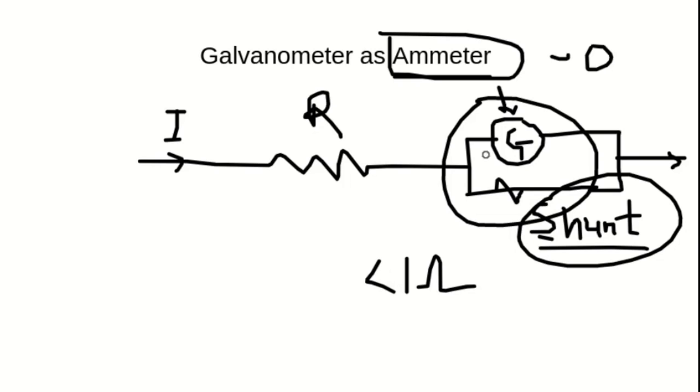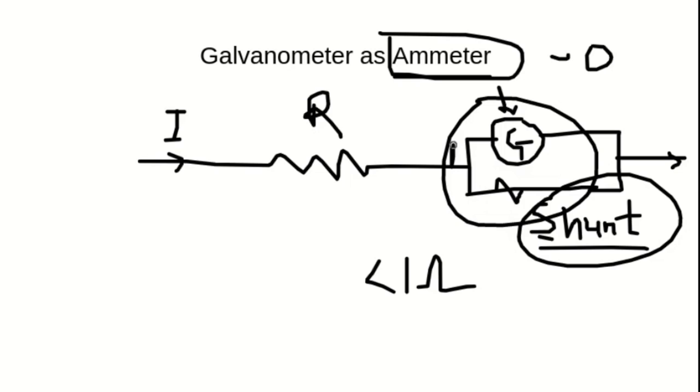When we attach two resistances in parallel, the equivalent resistance of the circuit becomes less than the lowest value of the resistances. Suppose this value is 0.5 ohm, then the total resistance of this circuit becomes very low.